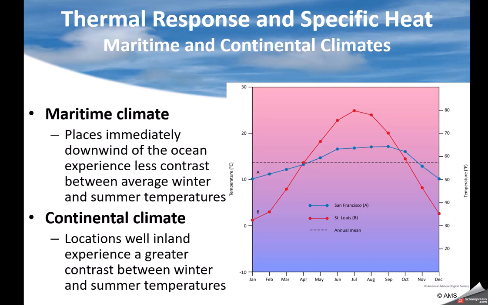The ocean is a great source of latent heat. It has a lot of water, and it has a very high specific heat, so it takes a lot of energy to warm it up. I'll give you an example I like to think about with Virginia Beach, close to where I live. During the fall, that water's sitting at 69, 70 degrees for a lot of the fall. It heated up to maybe close to 80 in the summer.